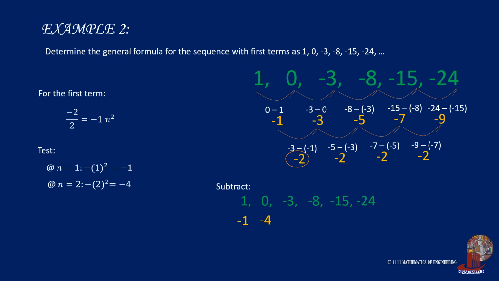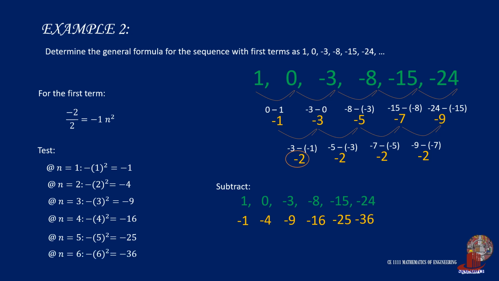With n as 3, the first term becomes negative 9. Moving on to n equal to 4, the first term is negative 16. And also, if n is 5, the first term results to negative 25. And finally, with n as 6, negative of 6 squared is negative 36.